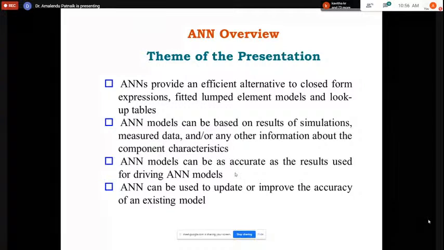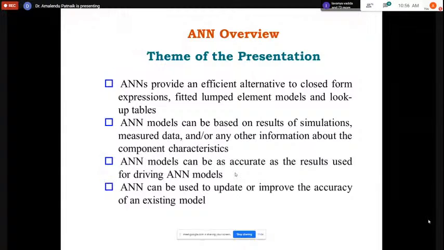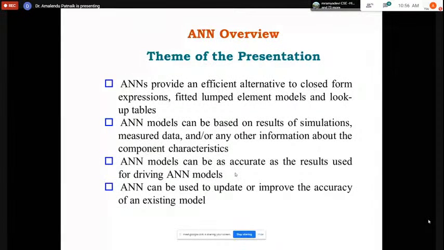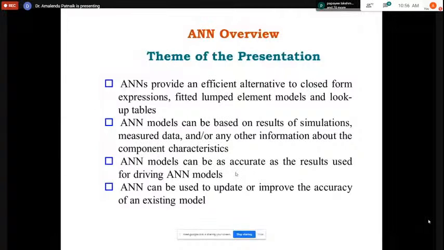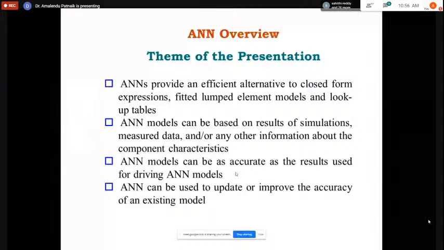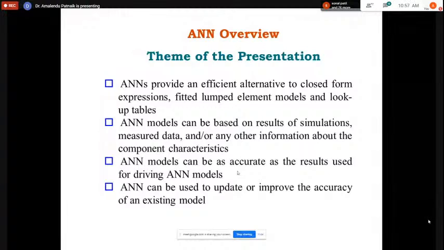As far as ANNs, artificial neural networks, are concerned, this provides an efficient alternative to closed form expressions, fitted lumped element models and lookup tables. Because in antenna engineering, in most of the cases, we are looking for the availability of closed form solutions. What is the beauty?